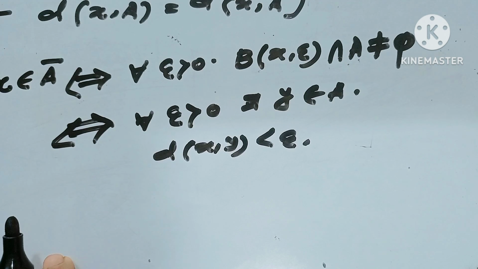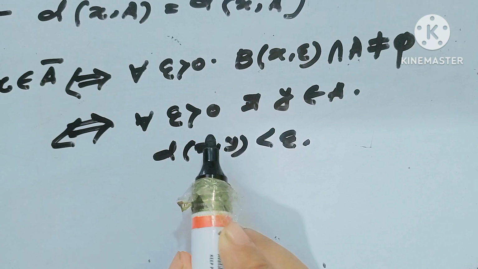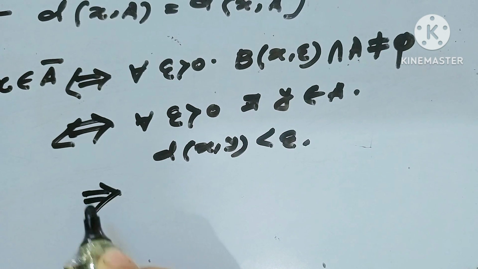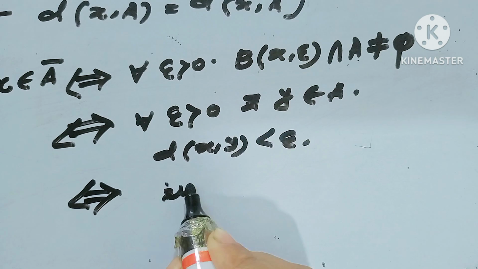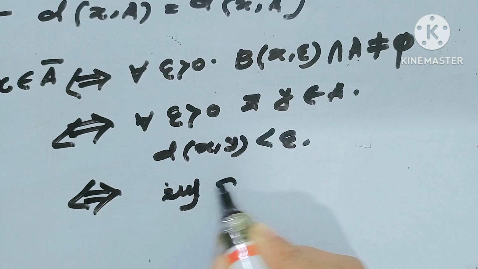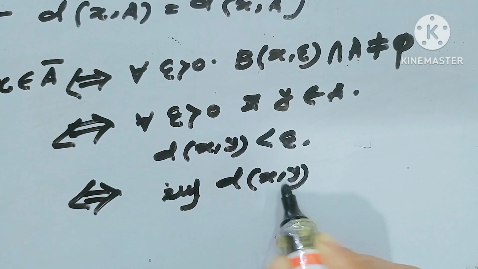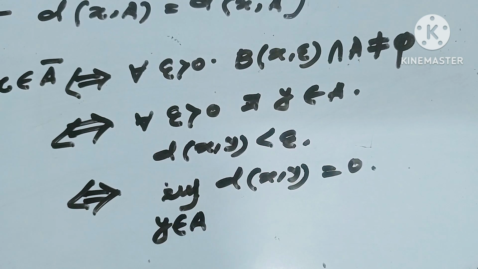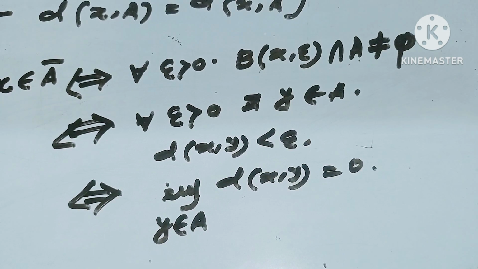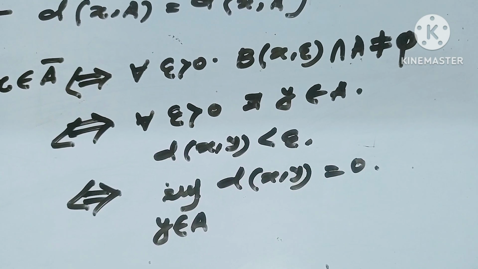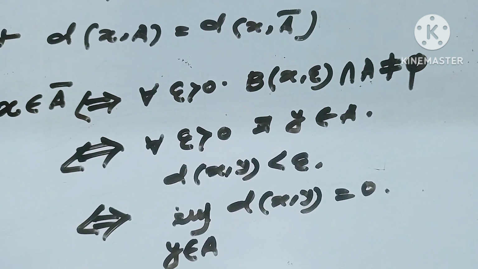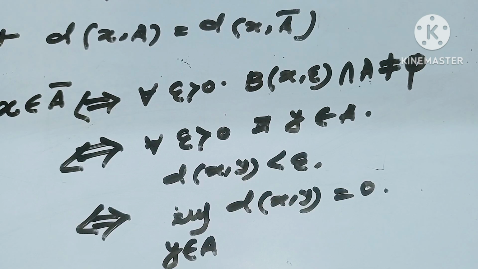Since d of x comma y is less than epsilon, and this is true for all epsilon greater than 0, that implies the infimum of d of x comma y equals 0. Therefore, infimum over y belongs to A of d of xy equals 0.